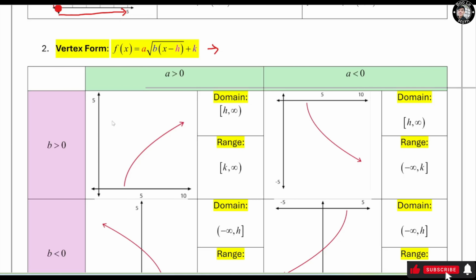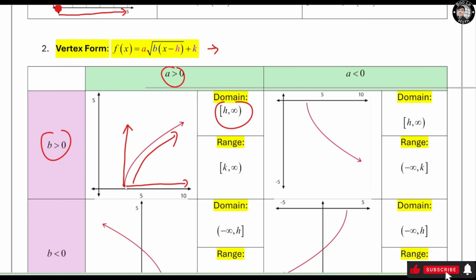Now, if b is greater than 0 and a is greater than 0, the square root function has this direction, right? Domain is going to be from h all the way to the right, the range is going to be from k all the way up.